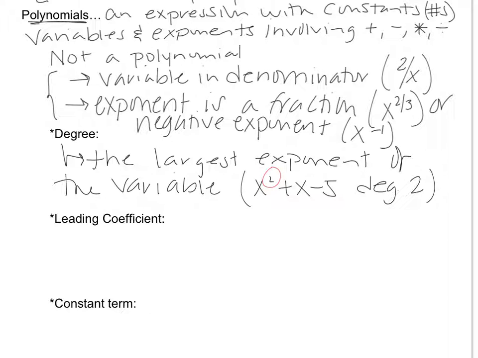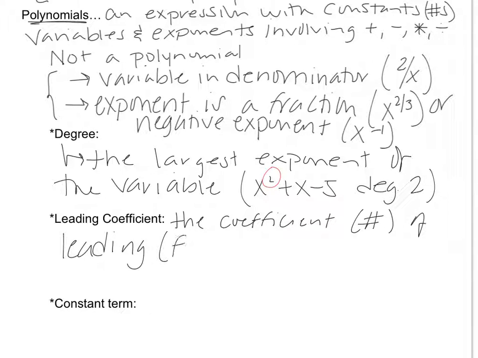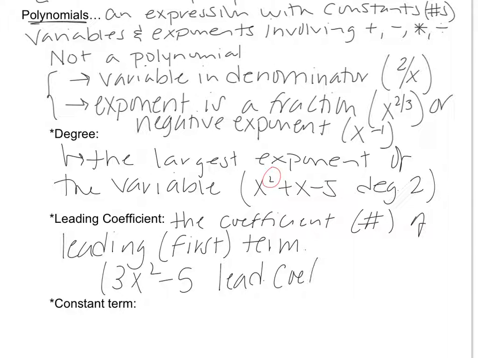Okay? Then we have our leading coefficient, which is the number or the coefficient of the leading term, which just means the first term in that polynomial. So if I have 3x squared minus 5, the leading coefficient is the 3 that's there in the front.